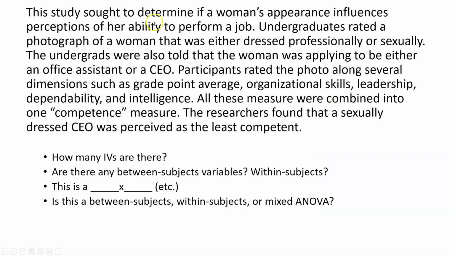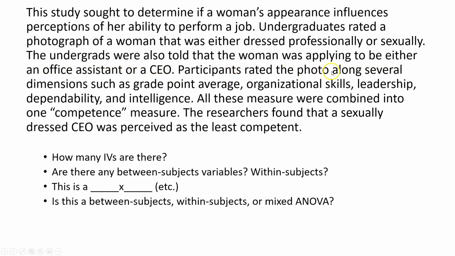Okay, so let's work through this scenario. The first study sought to determine if a woman's appearance influences perceptions of her ability to perform a job. Undergraduates rated a photograph of a woman that was either dressed professionally or sexually. The undergrads were also told that the woman was applying to be either an office assistant or a CEO.